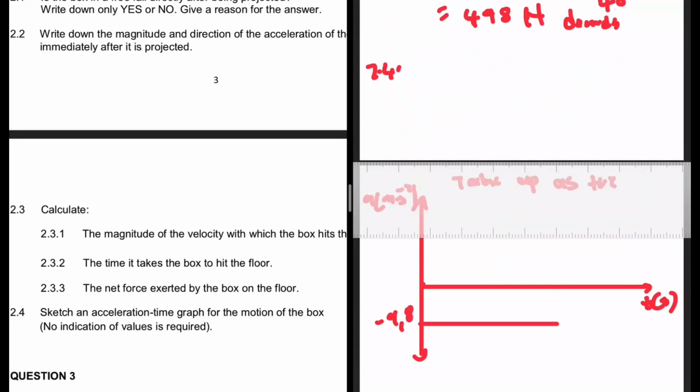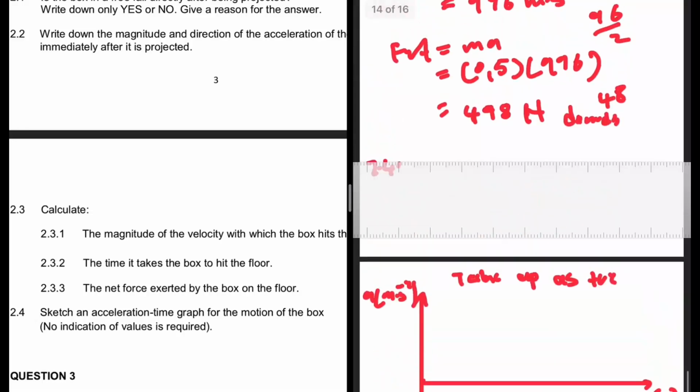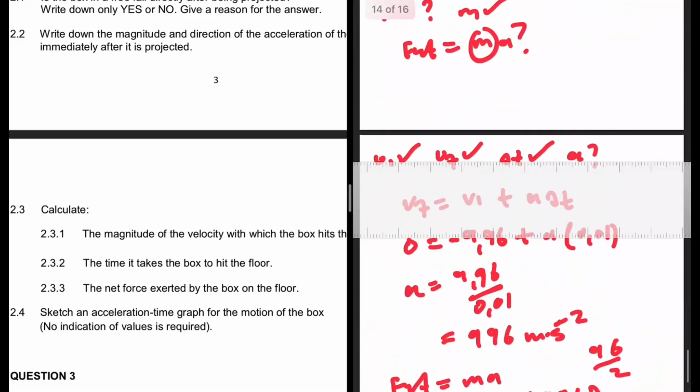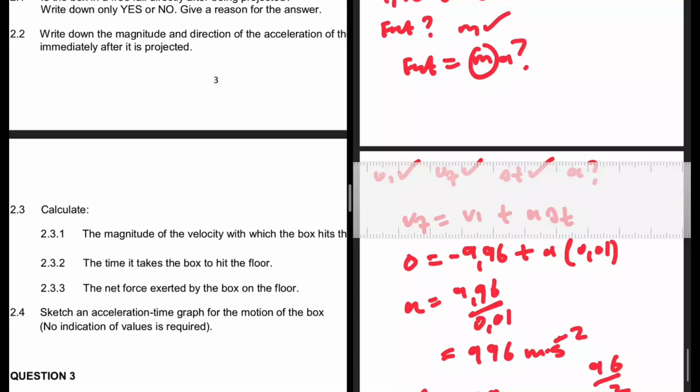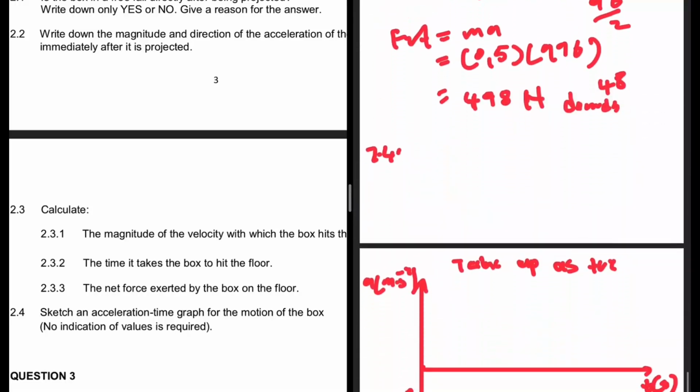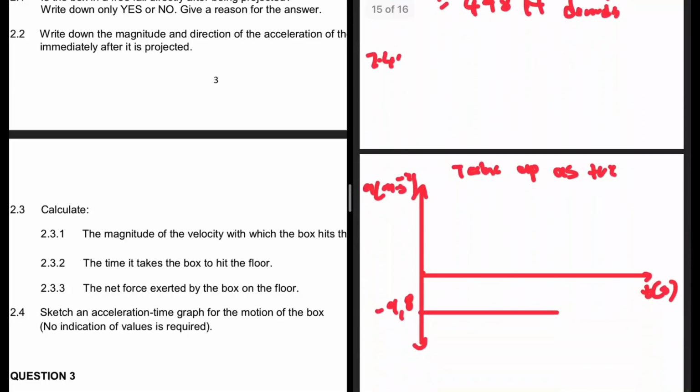But it strikes the ground, and there's some acceleration when it strikes the ground, for 0.01 seconds. So what is the acceleration? Therefore the acceleration is 996. Okay, so where am I going to put 996 here? Let me just put it here. This is not drawn to scale.